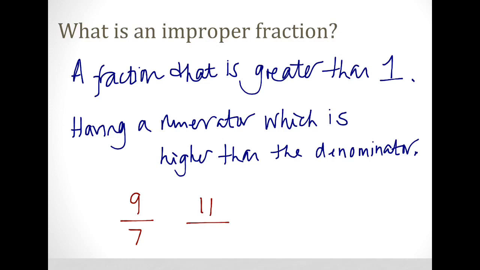And we can have 11/5, and again the numerator is greater than the denominator, and we can see that 5/5 would make 1 whole, 10/5 would make 2 wholes, so this is actually more than 2 wholes. So again, it is an improper fraction.